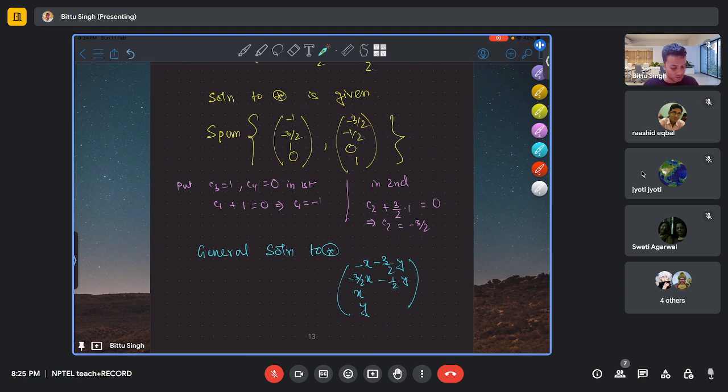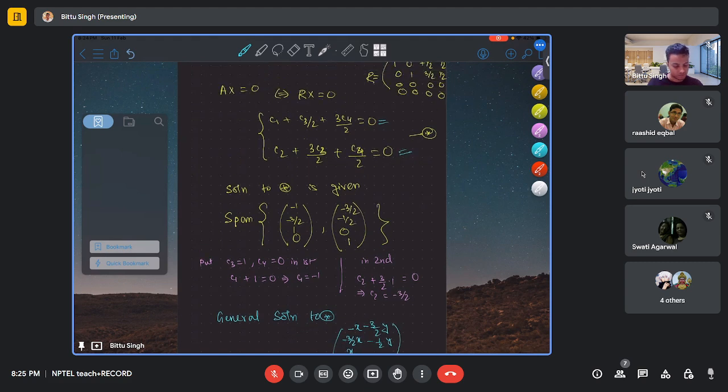You can see that x times this plus y times this will give the general solution. Here x, y come from R. Is it clear?